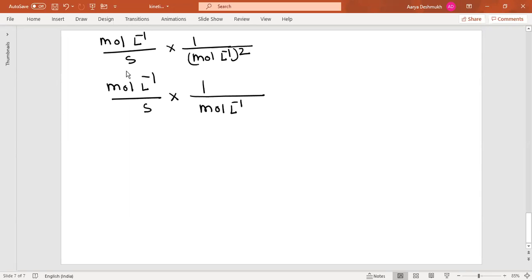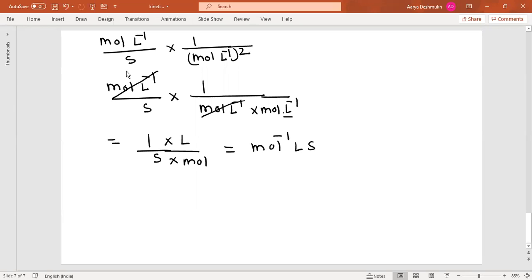So this and this will get cancelled out. You are left with 1 by S into liter per mole. So you can write the same thing as mole inverse liter and second inverse. This is the unit when the reaction is second order.